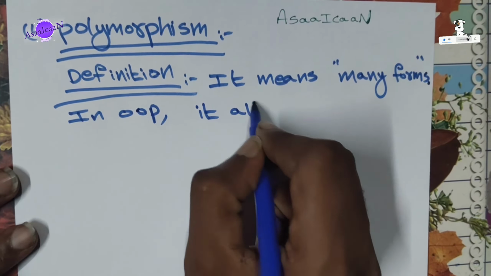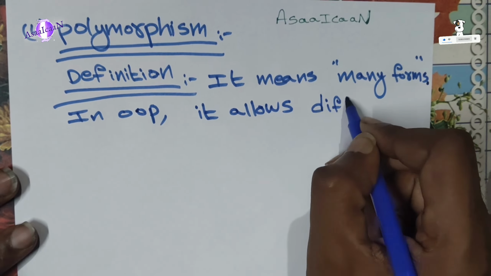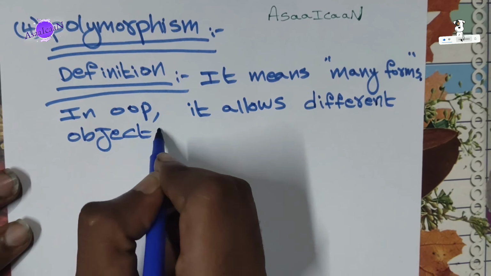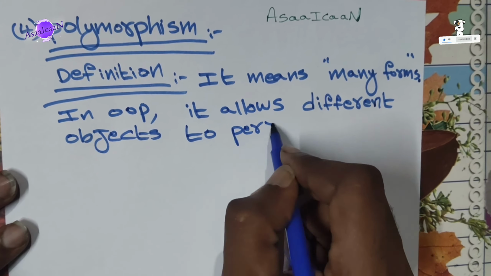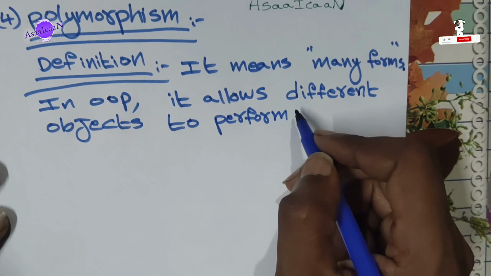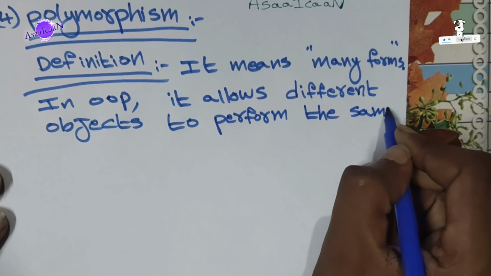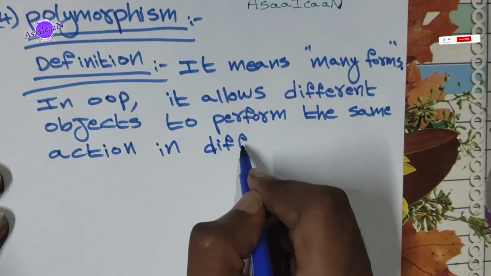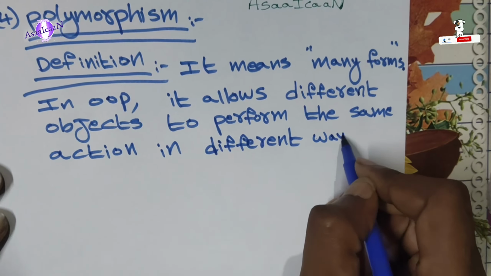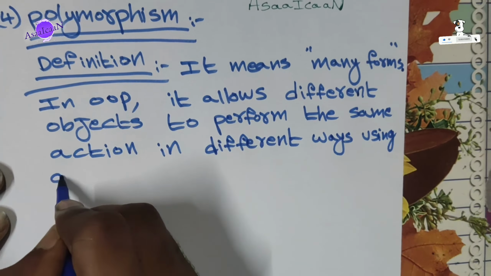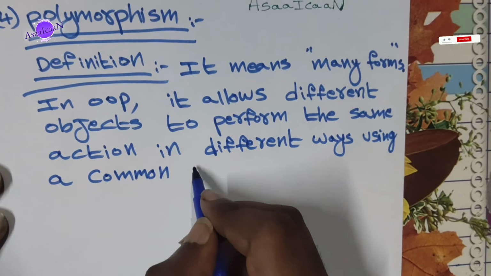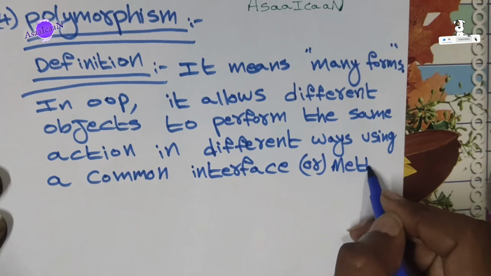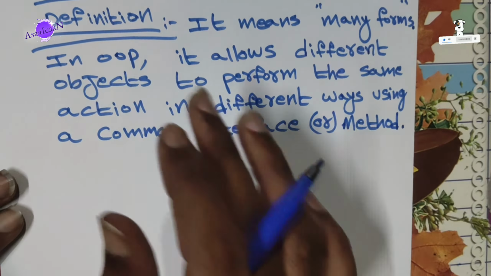It allows different objects to perform the same action in different ways using a common interface or method. That's it. This is the definition.